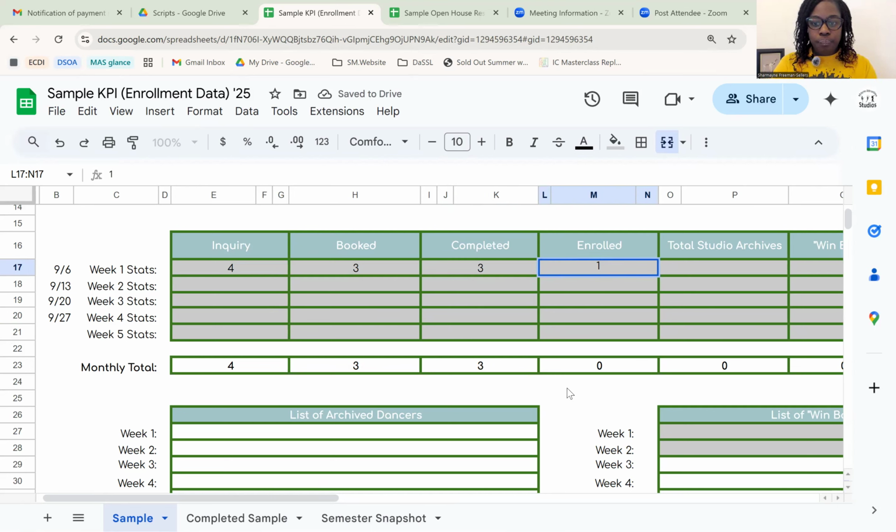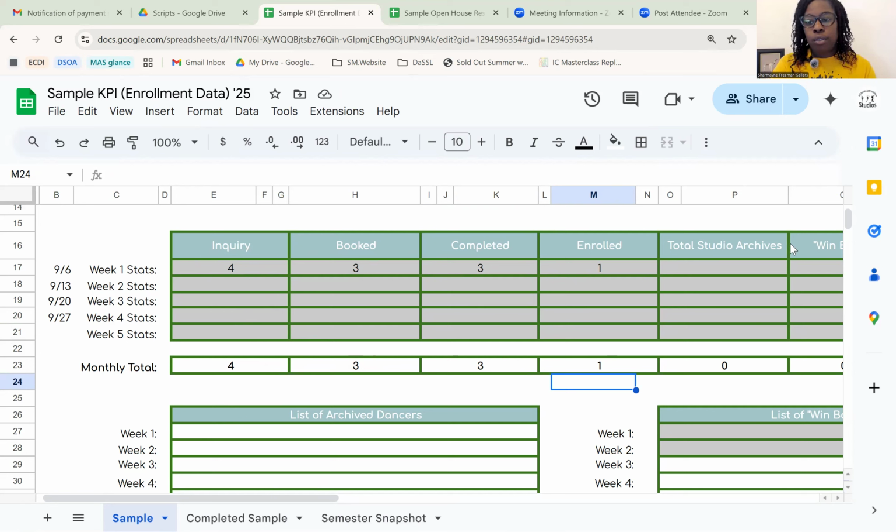Okay, so as you can see, we have a running total that this white line below these gray lines is calculating for us. So it's going to start calculating once we put in more numbers for future weeks.